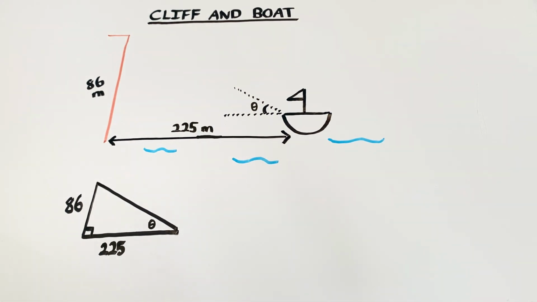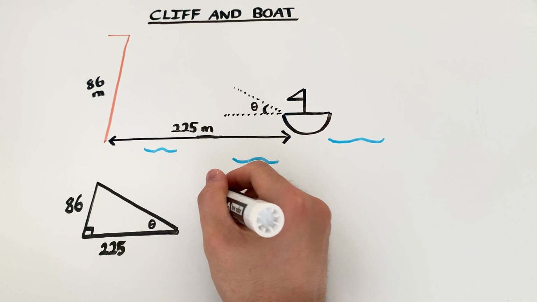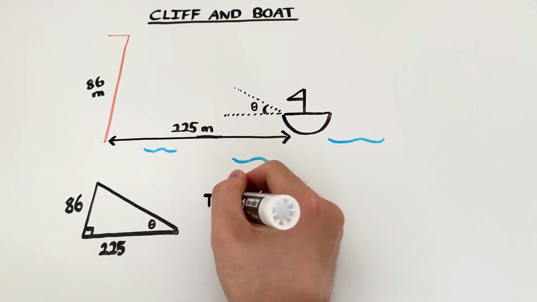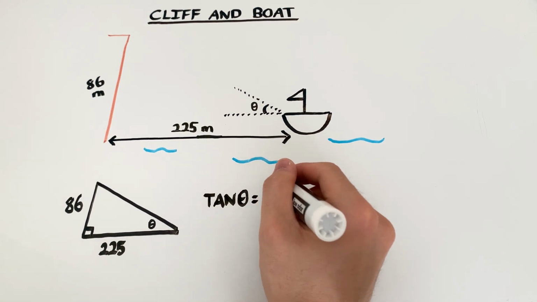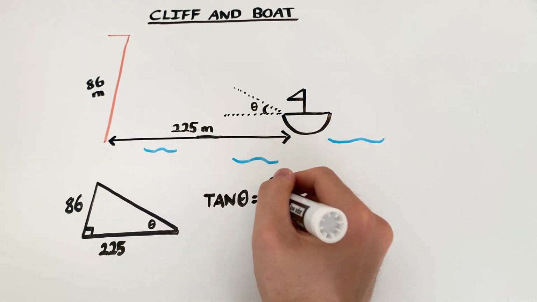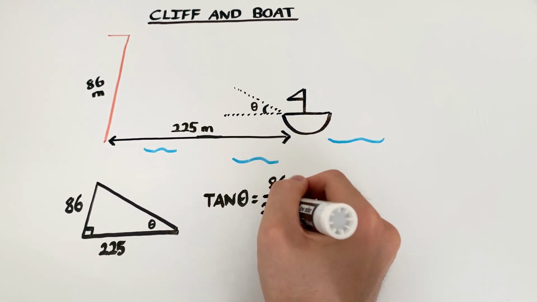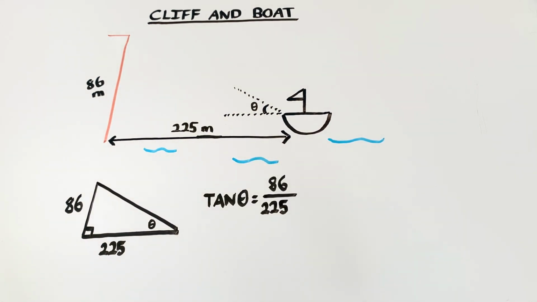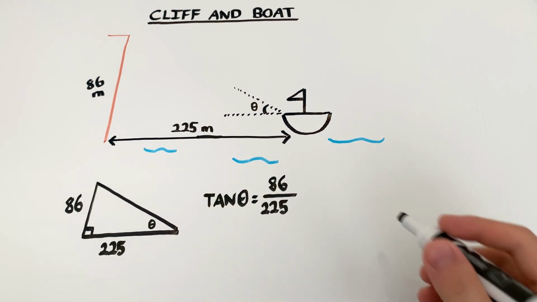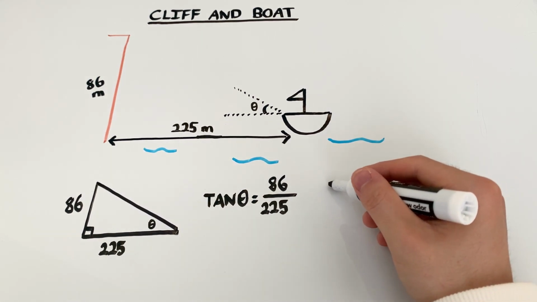So once again, tan is involved because tan theta is equal to opposite 86 over 225 adjacent. And to get theta, remember, in your calculators, you're going to be inputting the inverse tan.